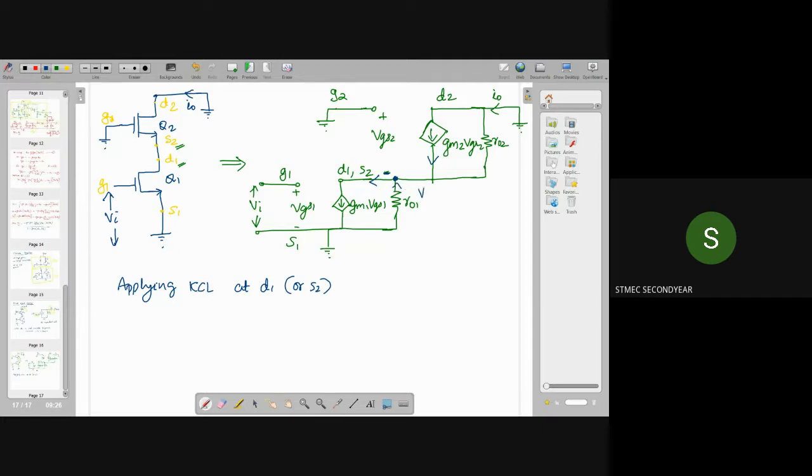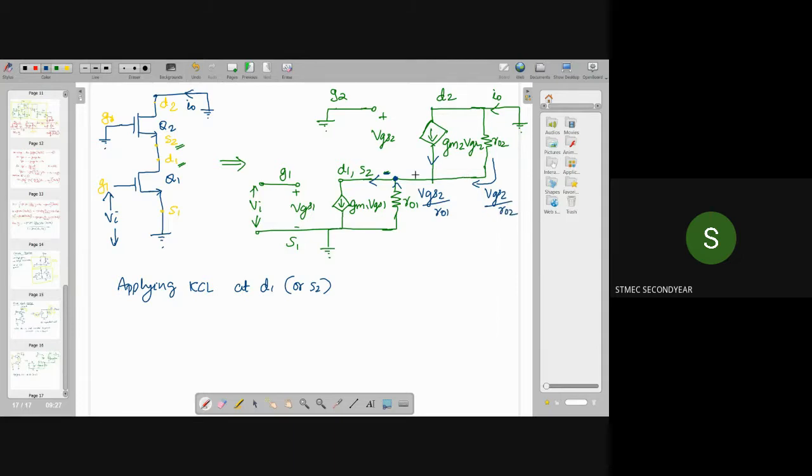That is, the current flowing through R01 is VGS2 divided by R01, flowing into the junction. Now, coming to R02, the current I am taking in this direction because it is minus VGS2, so VGS2 divided by R02.